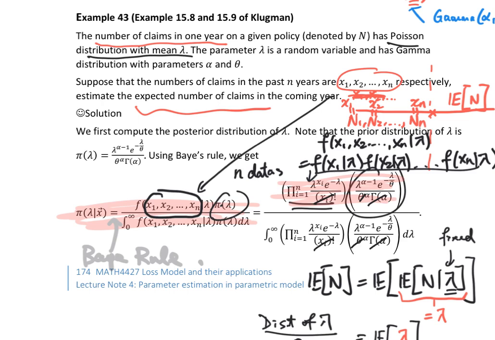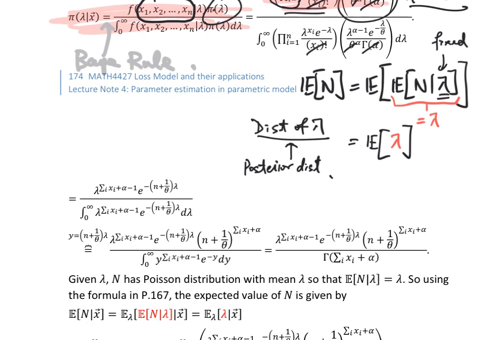because it has nothing to do with lambda. What's more, for the numerator, this can be combined into lambda to the power of the summation of S_i, and then exponential of minus n lambda, and combining this with the term here, you will get your numerator easily. Similarly, you can do the same thing for the denominator.